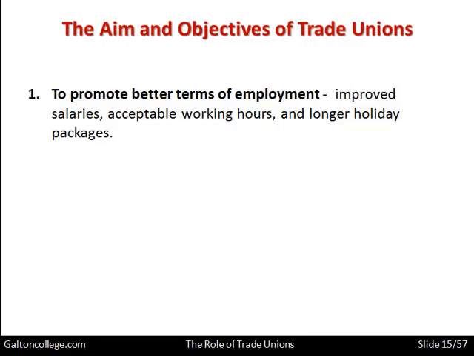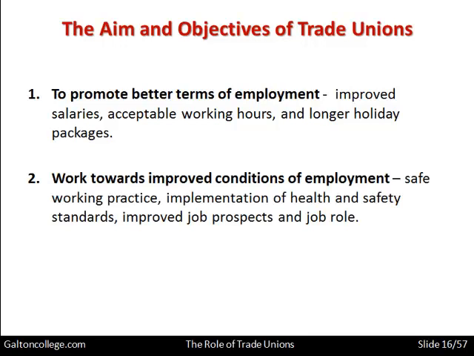We could go back and rest at the end of the day and not damage our health. Better conditions of employment, safe working practices, implementations of health and safety standards, and improved job prospects and job role. So trying all the time to improve conditions at work for the workers.